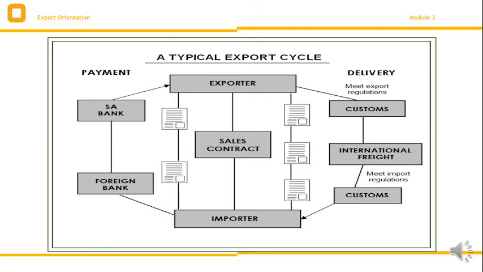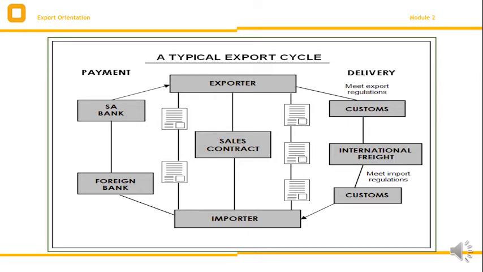Then when it comes to the payment terms, which would have also been part of the sales contract, a number of banks could be involved, the importer's bank as well as the exporter's bank. So the exporter will then prepare transport documents as well as any other necessary documents, and they will give them to the bank that they are working with.